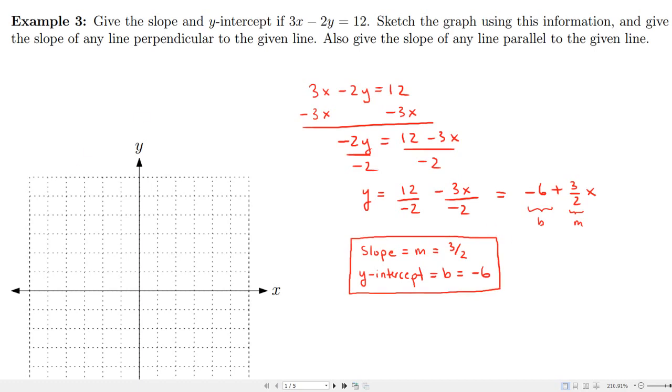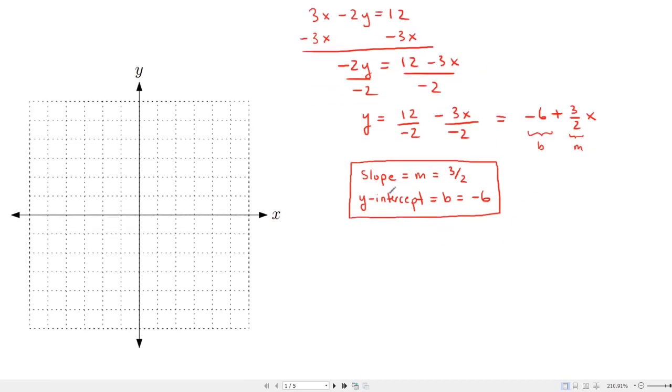Now what do we have left? Well, we're asked to sketch the graph using this information, and let's do that first. Given that the slope is 3/2 and the y-intercept is negative 6, let's see.